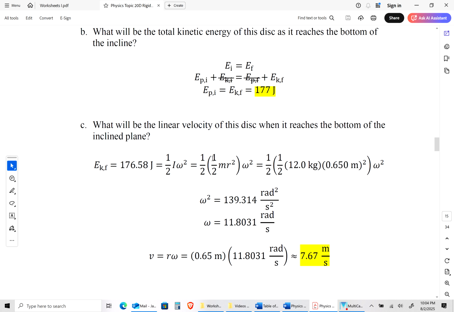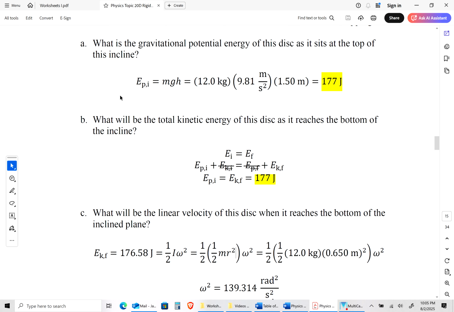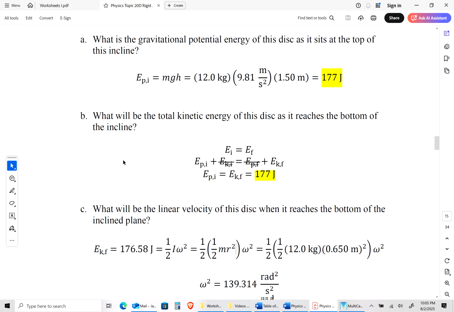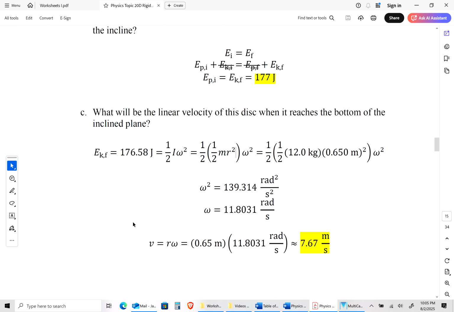For a disk, I is 1/2 mr squared. And we know V equals R omega.